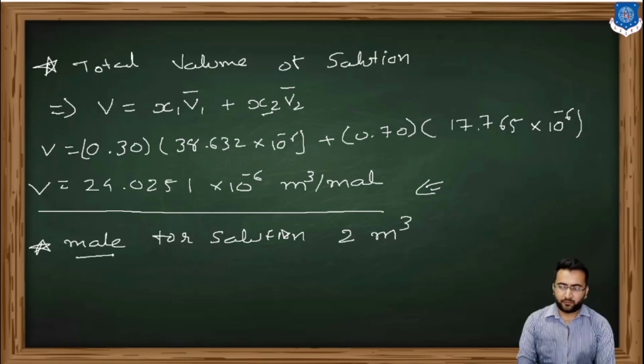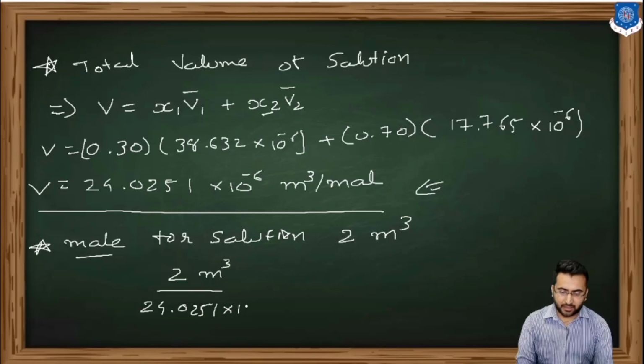So if we are going to find the total mole for the solution, what do we have to do? We just divide 2 meter cube by the total volume of solution, that is 24.0251 multiplied by 10 raised to minus 6 meter cube per mole.